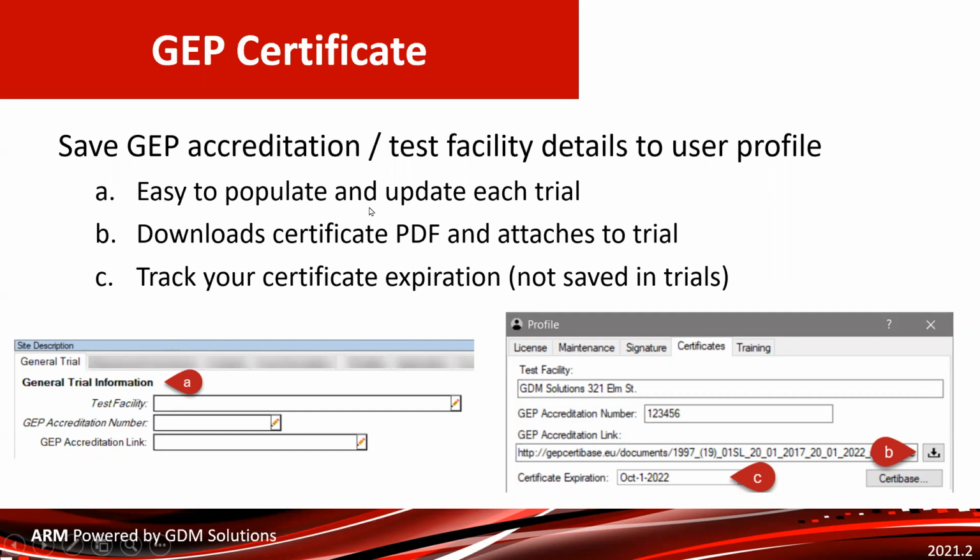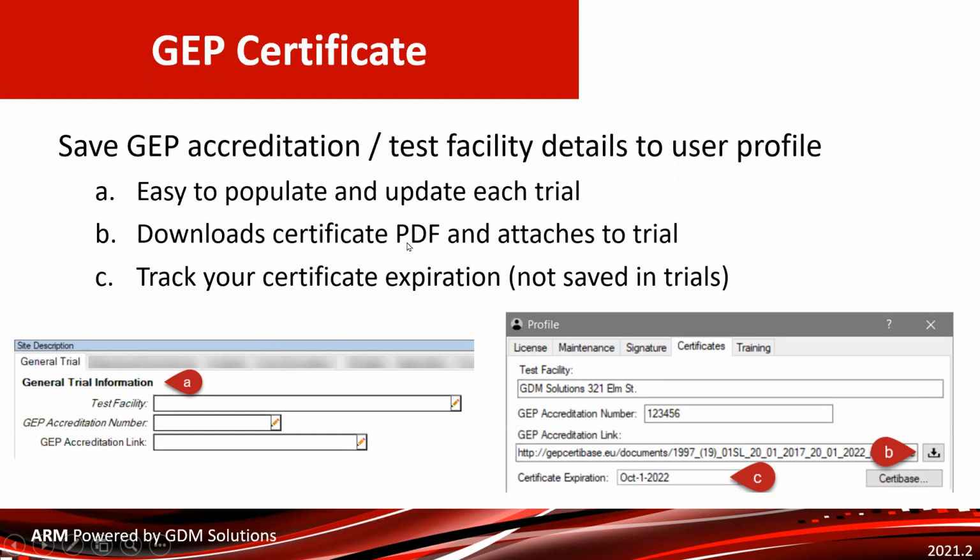So again, it makes it easier to populate that information mid-season, if my accreditation needs to be updated because it expires and I get a new accreditation. That was always a hurdle to go through. This makes it easy to update each trial.